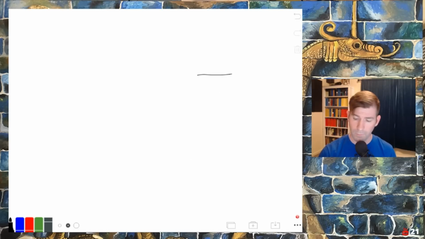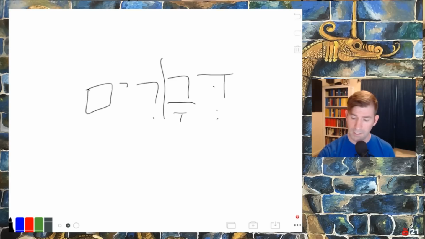Let's go back to our word for words, devarim. If you think about how that's divided, this is the final syllable, and so it's the tonic syllable. This syllable is the one that comes before the tonic syllable, so they call it the pre-tonic syllable.